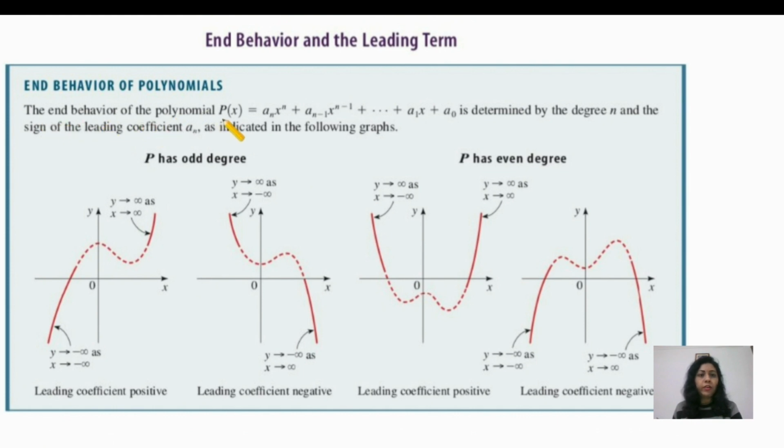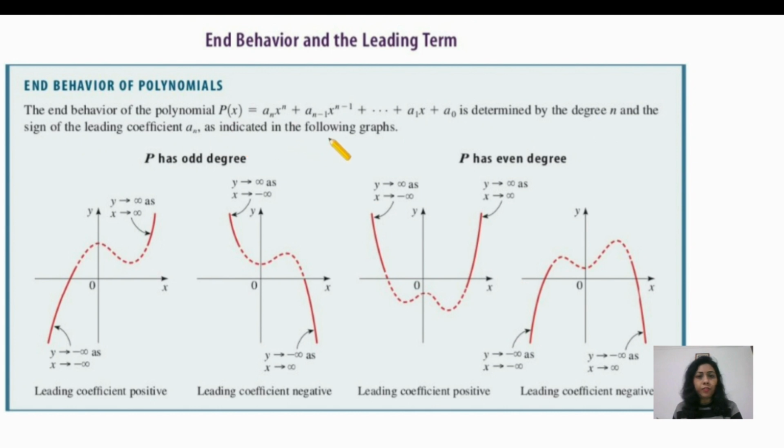The end behavior of the polynomial P(x) is equal to a_n x to the power n plus a_(n-1) x to the power n minus 1, up to a_1 x plus a_0, is determined by the degree n and the sign of the leading coefficient a_n.